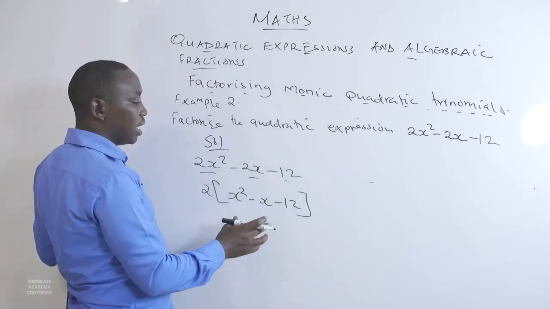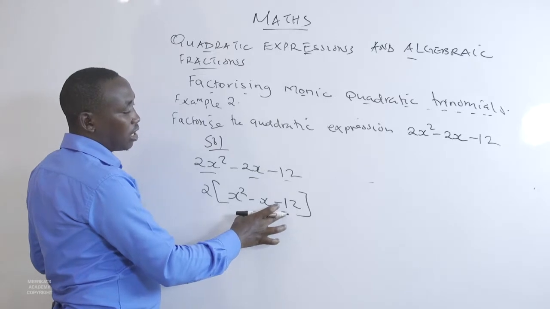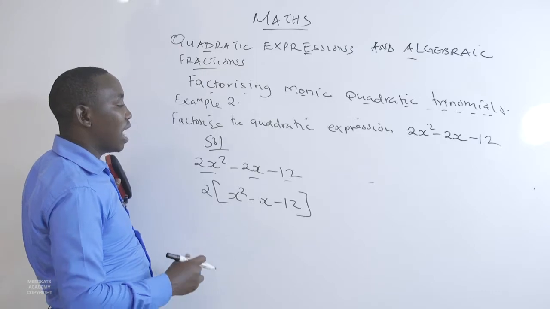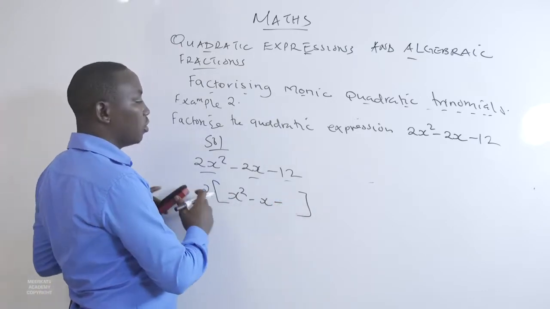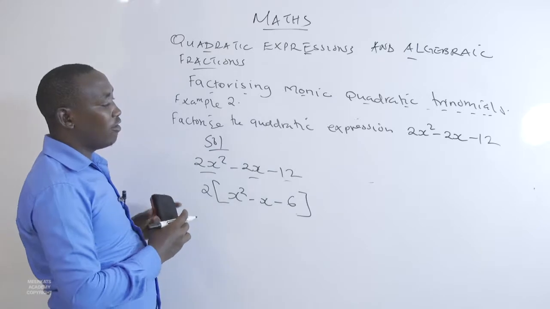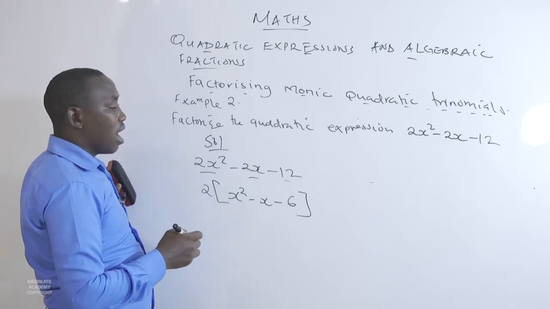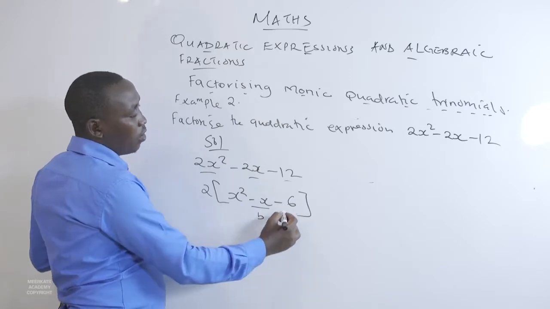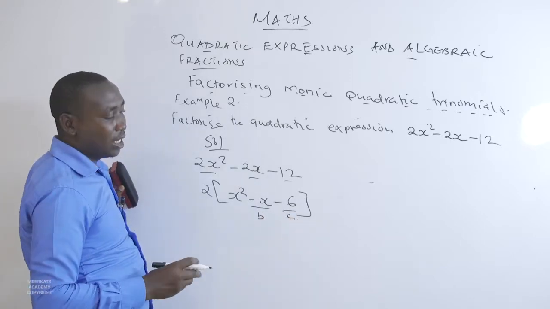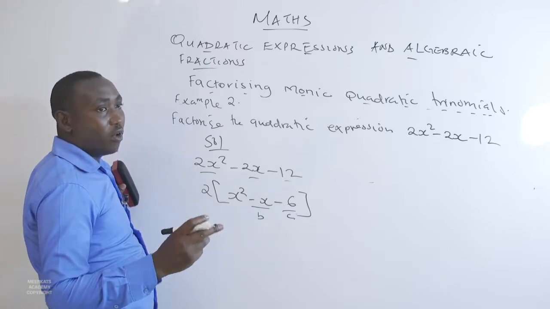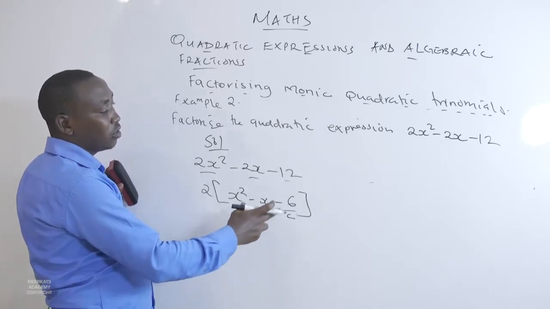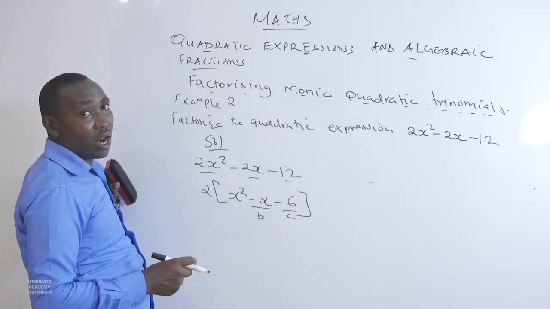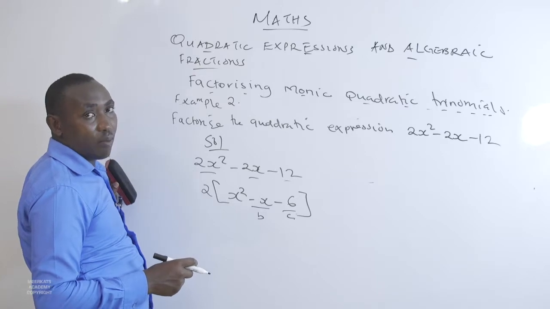We can now proceed and factorize this monic expression, which is x squared subtract x subtract 12. Now our b is going to be negative 1, while our c is going to be negative 12. We look for two numbers which multiplied give us negative 12, and when added give us negative 1. What are these two numbers?